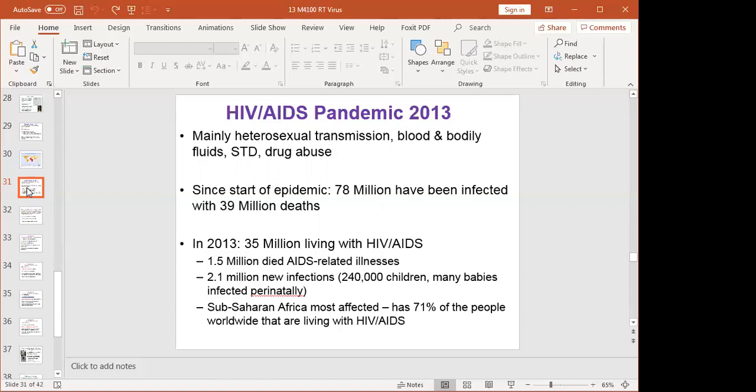In 2013, there were 35 million individuals living with HIV infection or AIDS disease or the syndrome. 1.5 million of these died of AIDS-related illnesses, 2.5 million new infections. Many babies are infected perinatally, moms are infected, so on and so forth.